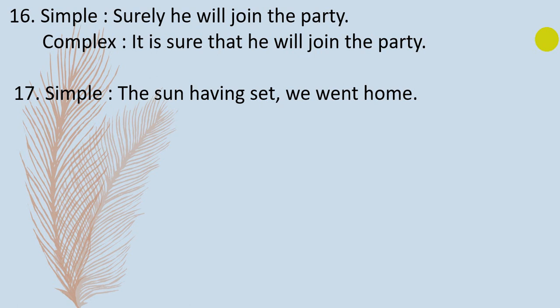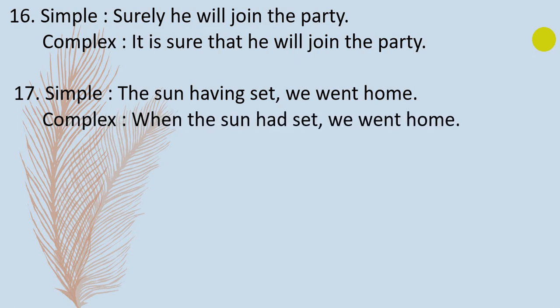Then the expanded clause, subject plus auxiliary verb had for having plus V3 will be set. After that, the last part of the sentence will be used. Now the complex sentence is: when the sun had set, we went home.